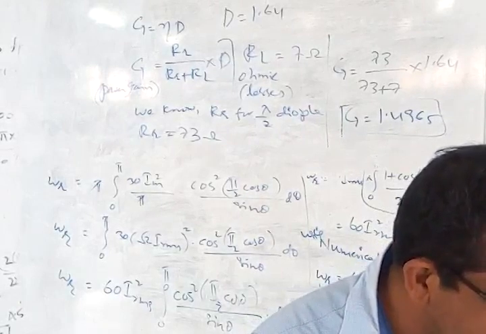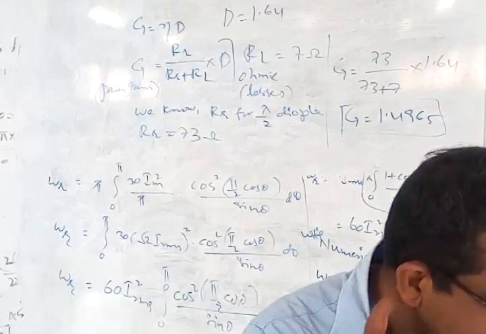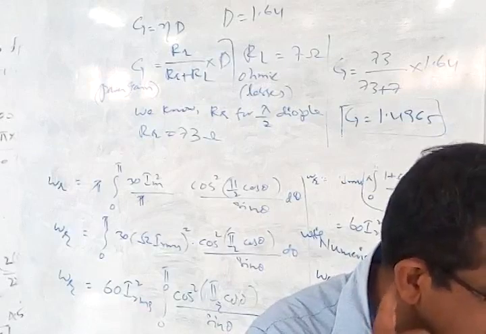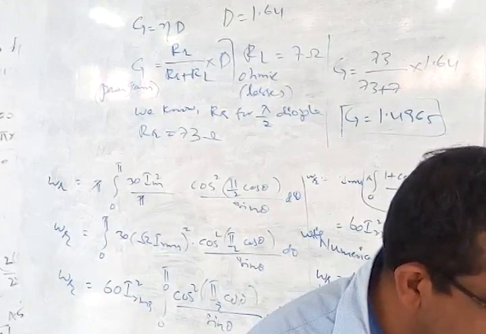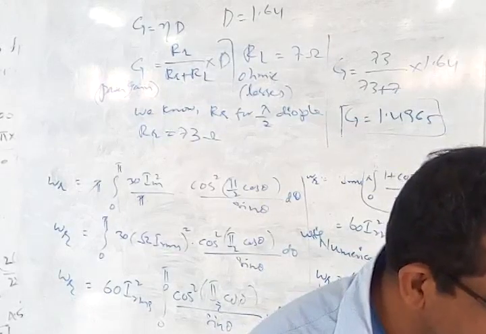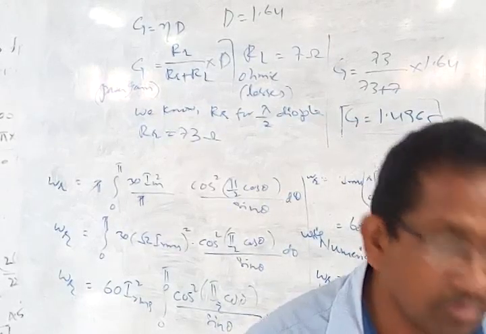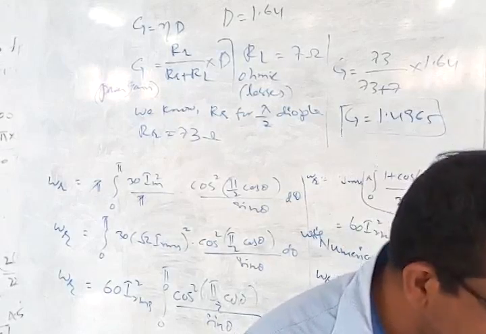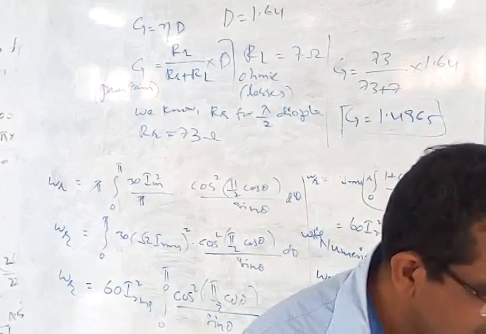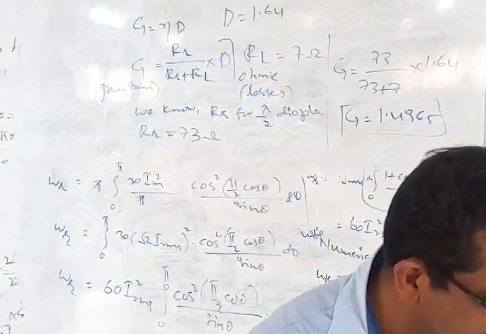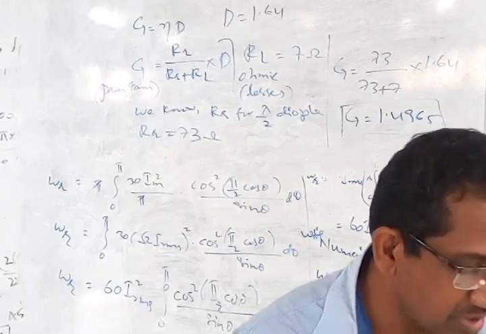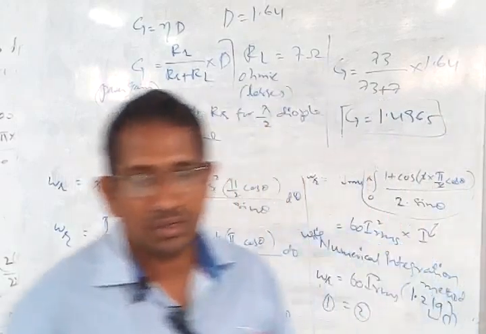The distance between the two antennas, 25 kilometers, is given, and the power density is given as 100 microwatts per meter square. Then what is the power density if the distance is doubled? And next, if the distance is halved, what is the power density? That is the problem given to us.